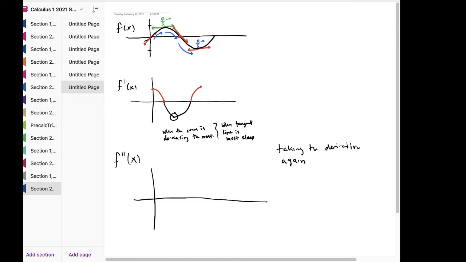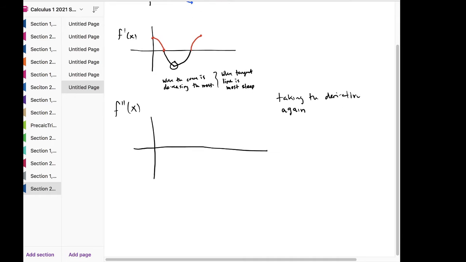So now forget the original function. Yeah, so if you draw a tangent line here, it's zero. So let's put it down here. And now, how about the derivatives on either side? What's the derivative here? Zero.